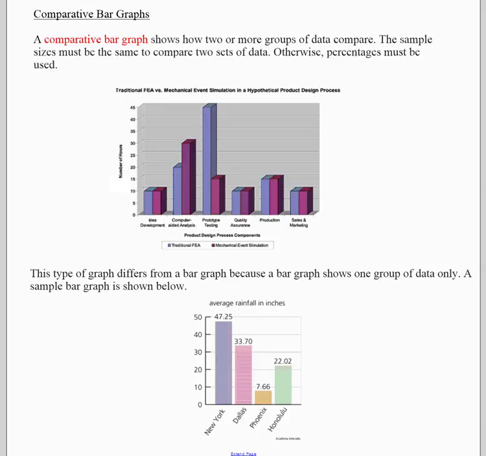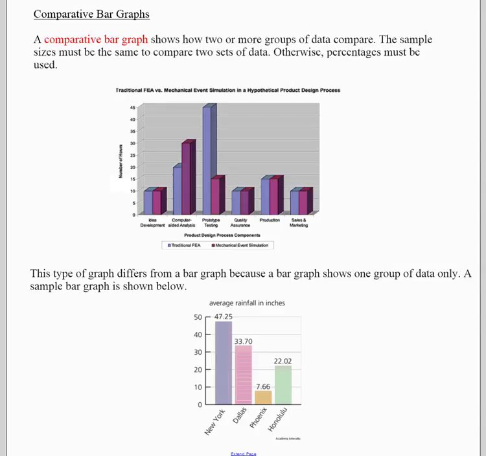Well, if we're comparing things like what boys think versus what girls think, or what grade 8s think versus what grade 7s think, or anything like that, it can be comparison about your income levels. So what people that make more than $50,000 a year think versus what people that make under $50,000 a year think. Anytime that you're comparing something, you could create a comparative bar graph.